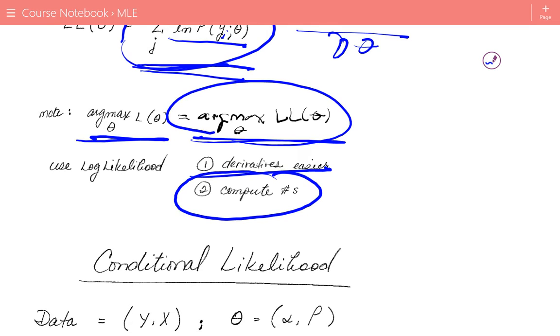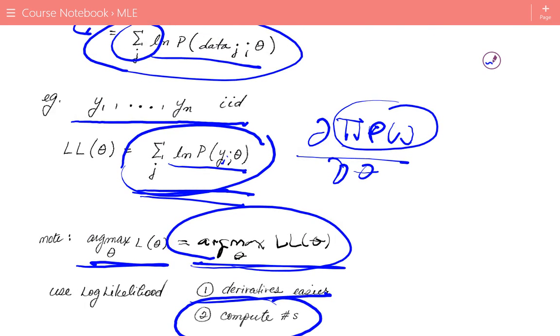Also, it has to do with computation and the precision of the numbers. Probabilities can be very small. Say you've got 10,000 data points. The product of the probabilities associated with 10,000 points is very small. Notice that the probabilities themselves are all going to be between 0 and 1, so when you start multiplying things between 0 and 1 over a large number of data points, this becomes an extremely small number.